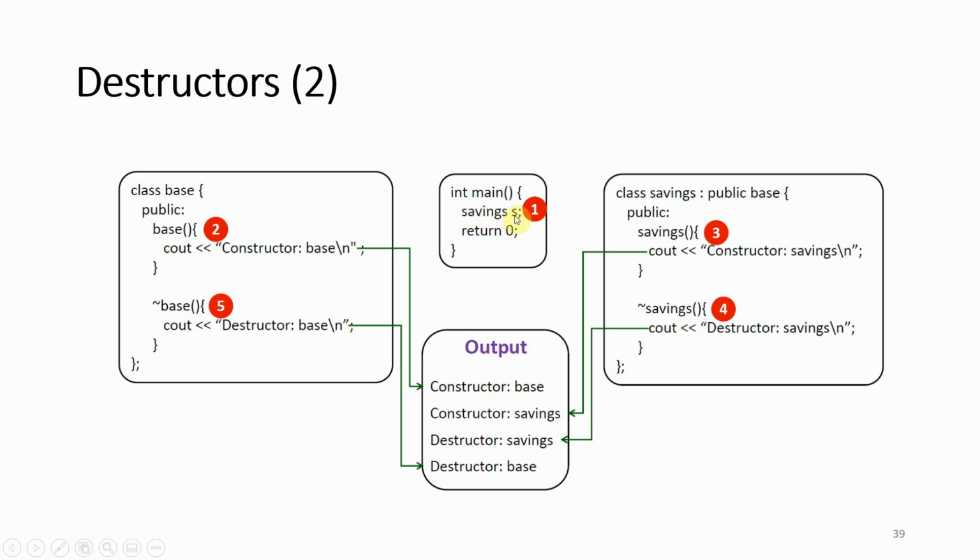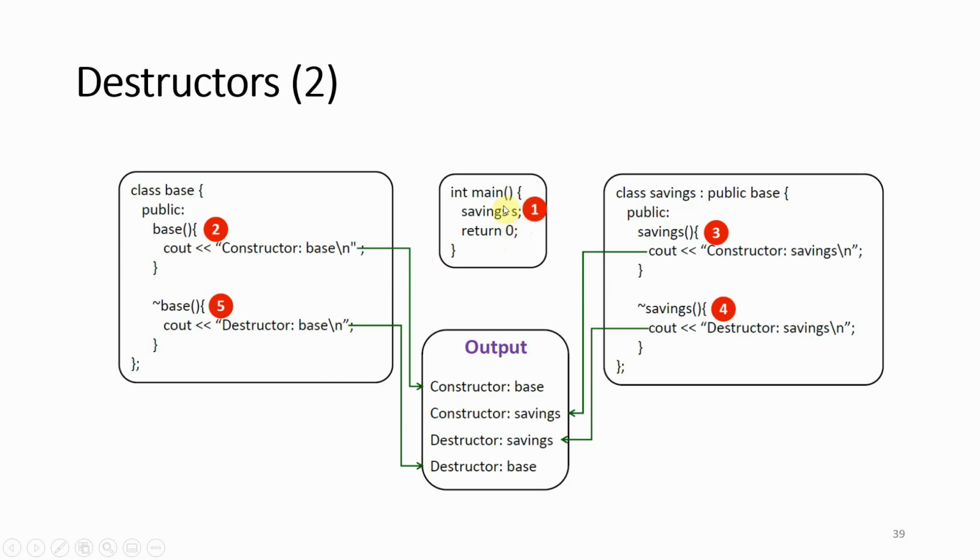Once you instantiate an object of class savings, you remember it goes here, but it doesn't enter. So it goes inside the class base first. It would print constructor base. Once it returns from this one, it goes inside the derived class constructor. It would print constructor saving. Then you finish your program, you return. So this object has to be deallocated.